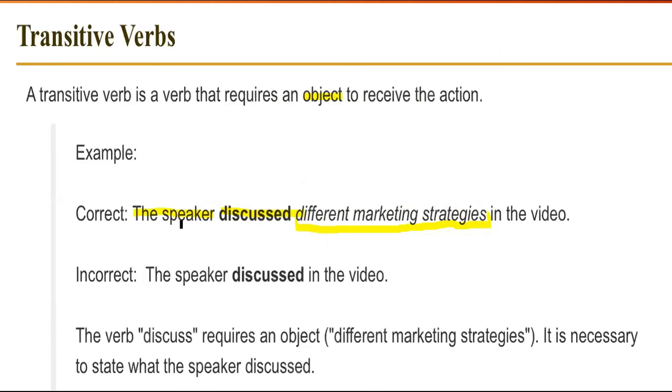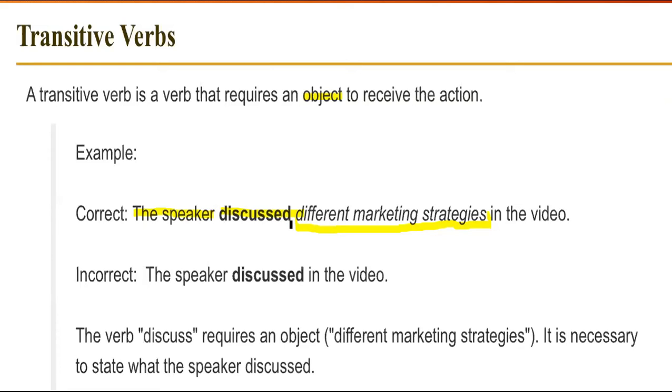When we say it is a transitive verb, we must know that it answers the question what plus the subject. In this case, what is the subject in this sentence? The speaker. And the verb? Discussed. Exactly.